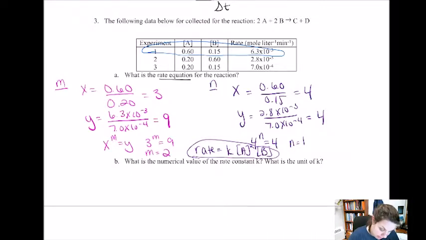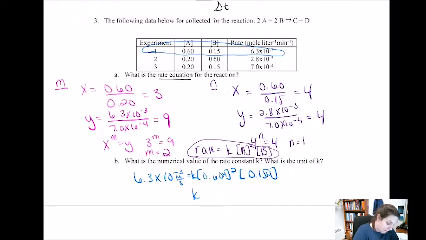So my rate is 6.3 times 10 to the negative 3. That'll be equal to my K times my A concentration, 0.60 squared, and my B concentration, 0.15. And I'm going to solve for K. When I do this, I get a K value. Oh, and units. We need units.